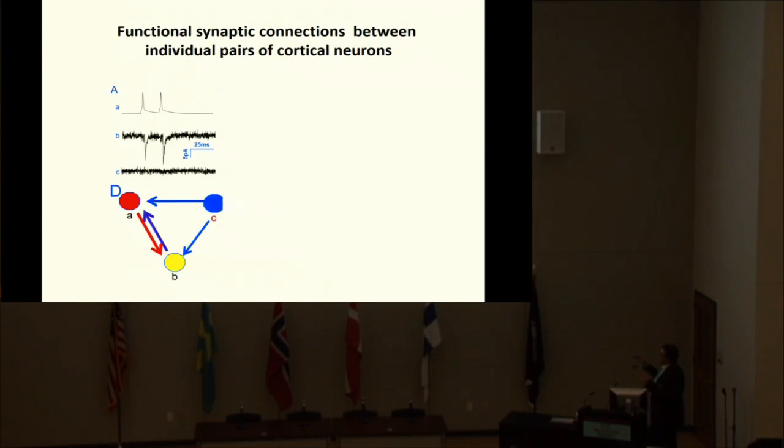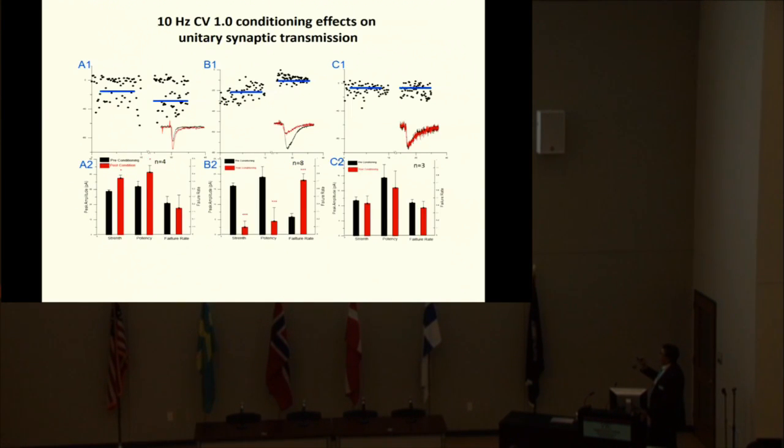So he patches onto multiple cells, looks for connections between them from cell A to B and B to C and C to A and so forth, records a single cell response. And again, due to the interest of time, I'm not going to show you each of those. I'll just cut to the chase. And what he finds is the same sort of thing. Using these irregular coefficient of variation 1 responses, these were done in normal animals, he finds very different responses.